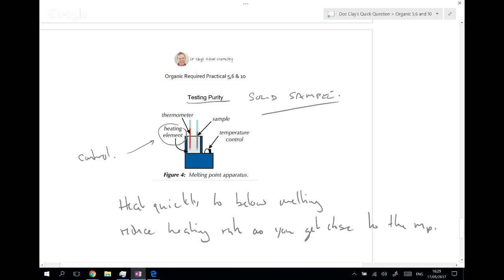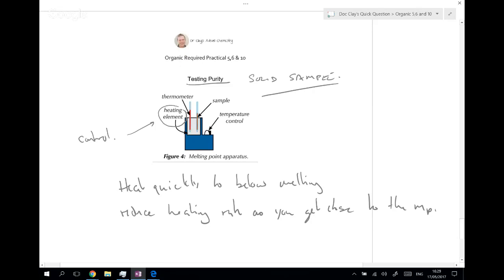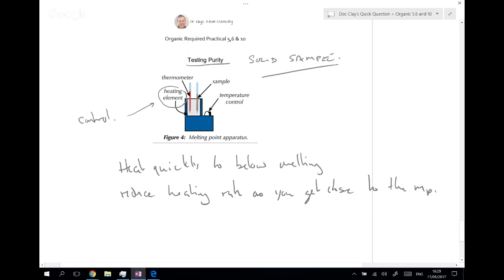The reason for that is that otherwise you're going to go past the melting point. If you're ramping up the temperature very quickly, your heating block isn't going to have time to slow down, and it would heat past your melting point, and you're not going to notice exactly the temperature it melts at.